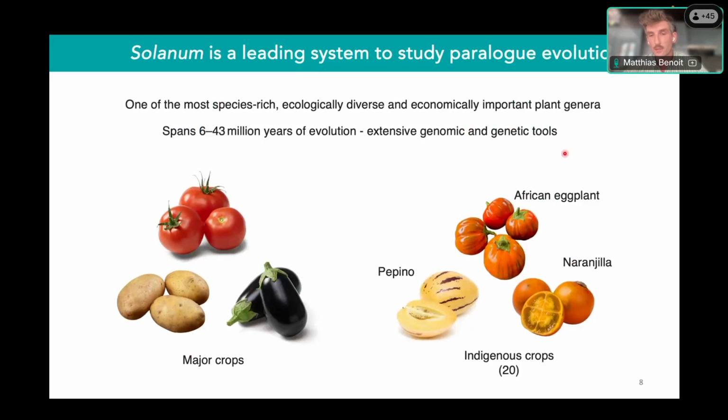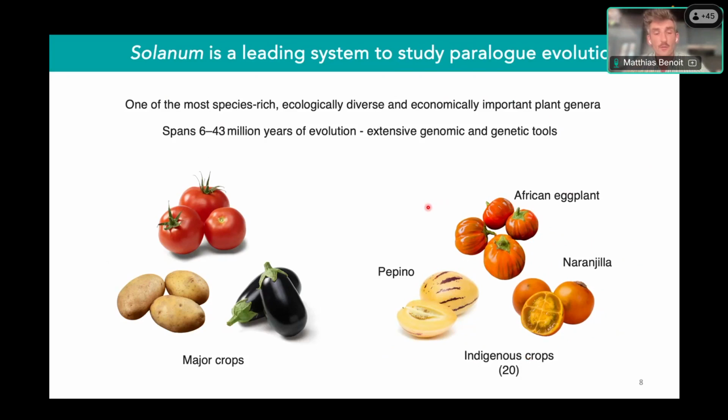But it also includes quite an impressive number of the so-called indigenous crops I was mentioning in the introduction. Among them are the pepino and African eggplant that I already introduced you to, and there are also minor crops such as naranjilla and others that are locally important and also offer a very nice alternative to diversify our food system.